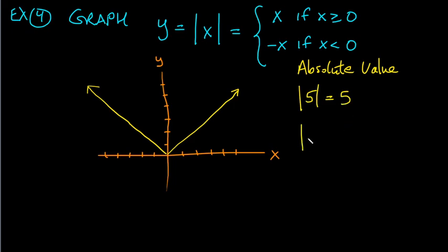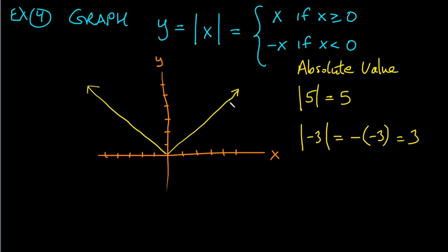If you take the absolute value of a negative number, well, remember, -3 is less than 0. So if x is -3, we have to take negative -3, the opposite of -3, which becomes +3, right? So absolute value simply changes a negative to a positive. And if it's positive, it just stays positive.